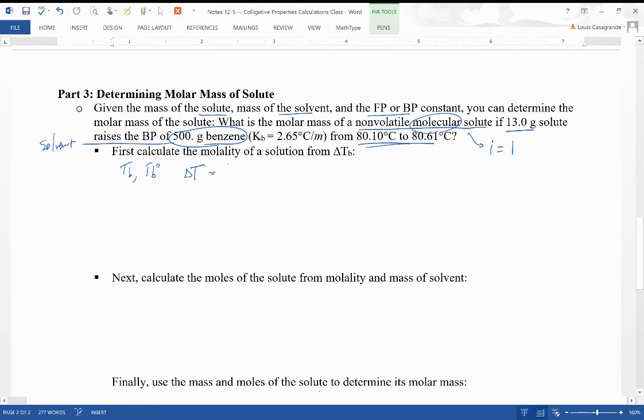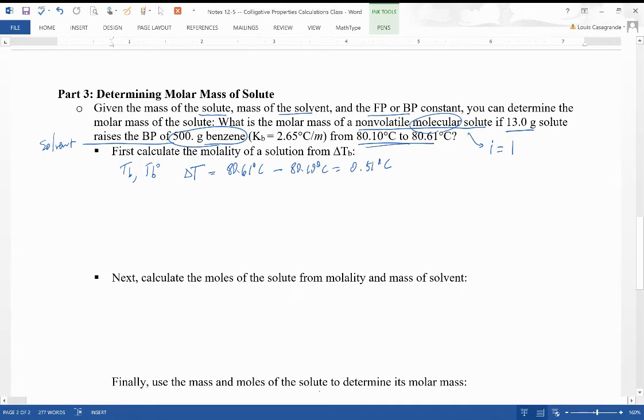The delta T is 80.61 degrees C minus 80.10 degrees C, or 0.51 degrees C was our delta T. A couple more sig figs here because otherwise we're going to be down to 1 sig fig. That's why I took the temperature out to 2 decimal places.